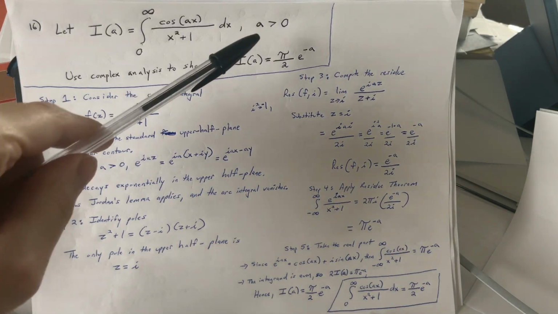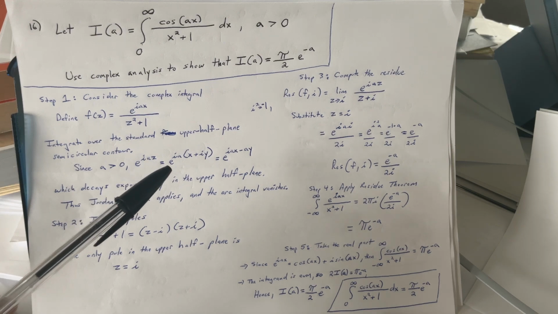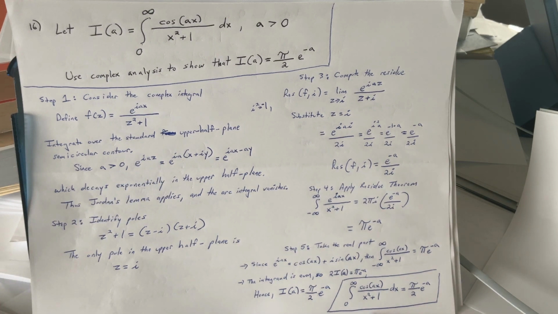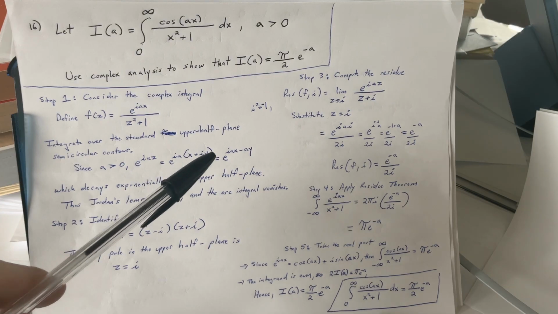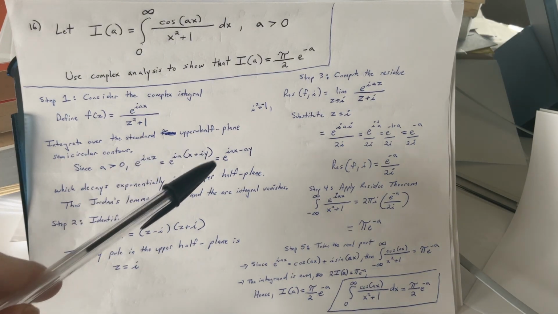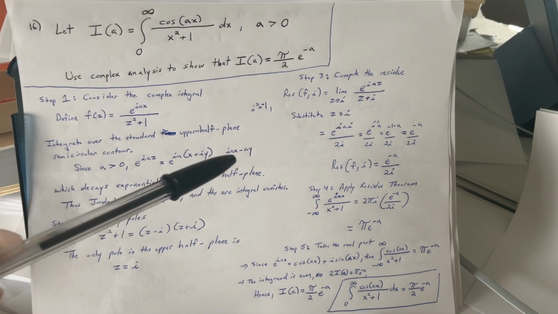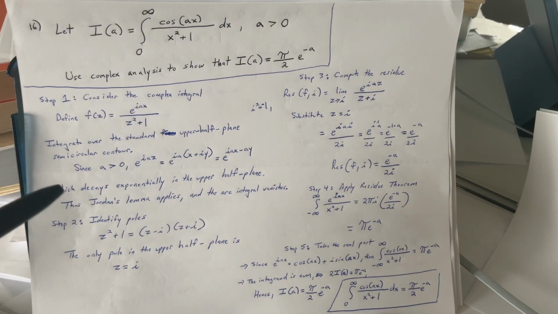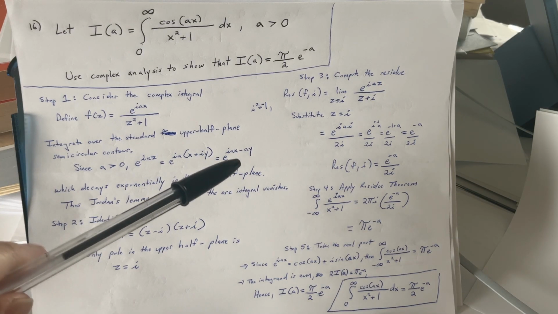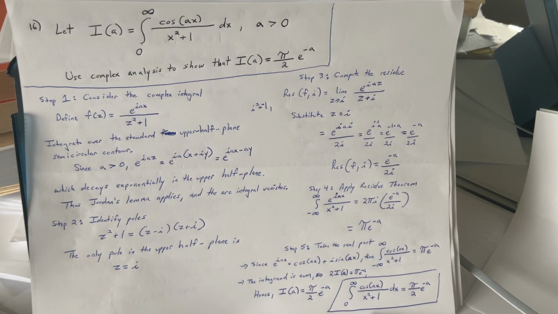So think about this: a is greater than 0. We have e to the i a z, which equals e to the i a times the quantity x plus i y. By the rules of exponents, that's e to the i a x minus a y. This decays exponentially in the upper half plane.